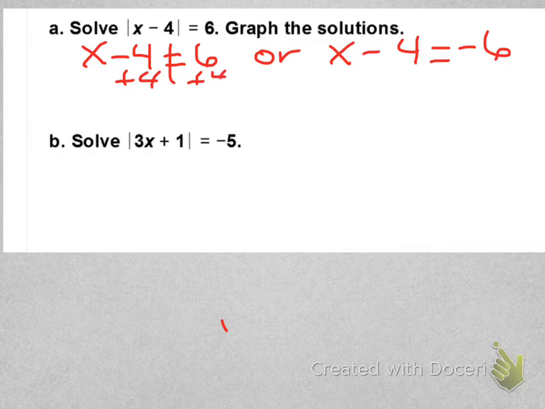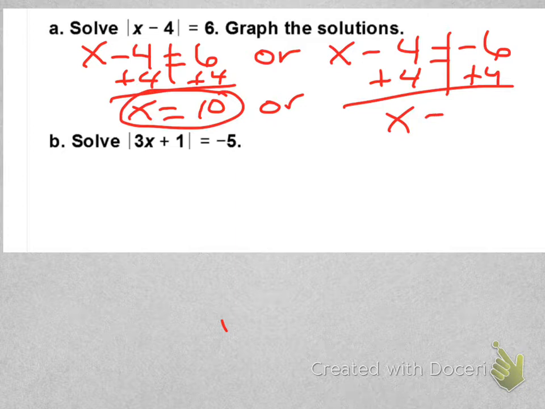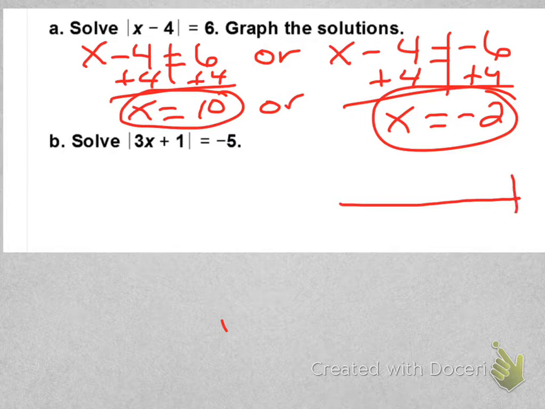So plus 4, so x equals 10, that's one of our answers, or plus 4, x equals negative 2. So my two answers are 10 or negative 2. If they ask to graph the solution, the graph just goes on a number line. So 10 is out here, negative 2 is out here, and then we just put our answers on a number line.